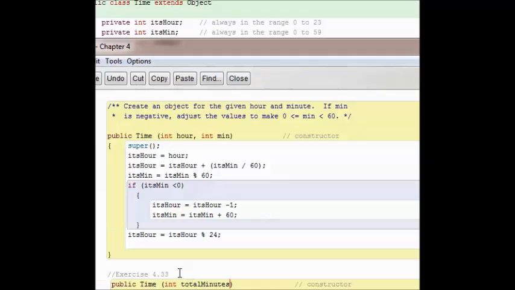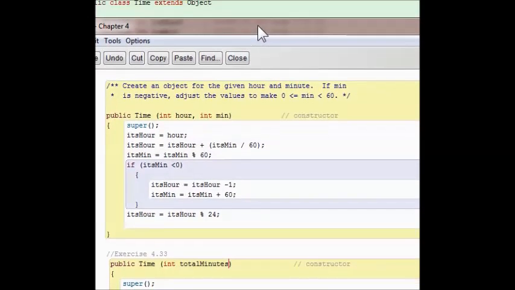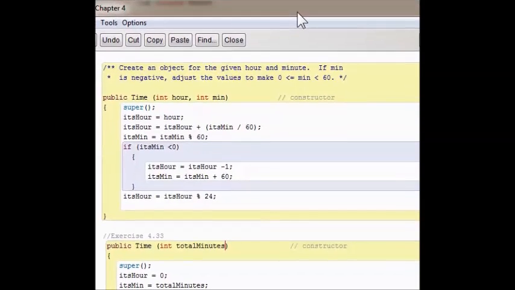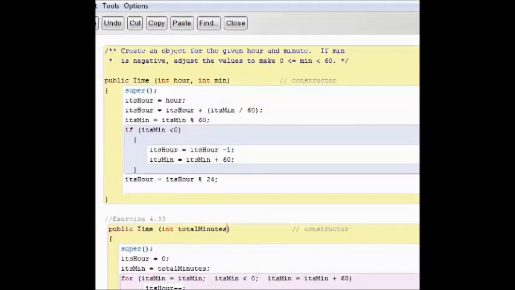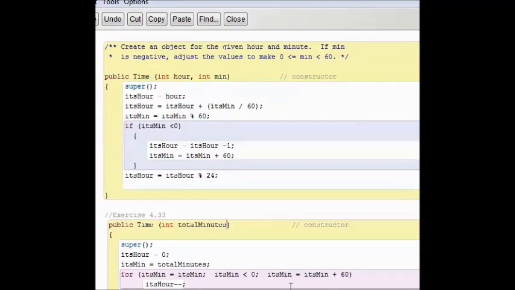So we start off putting in exercise 433. And then we initialize public time int total minutes, like I said. Then we put in super, telling us that this is a constructor, right? And we initialize its hour to 0. And we initialize its minute as total minutes. Then we take care of the situation where its minutes is less than 0.